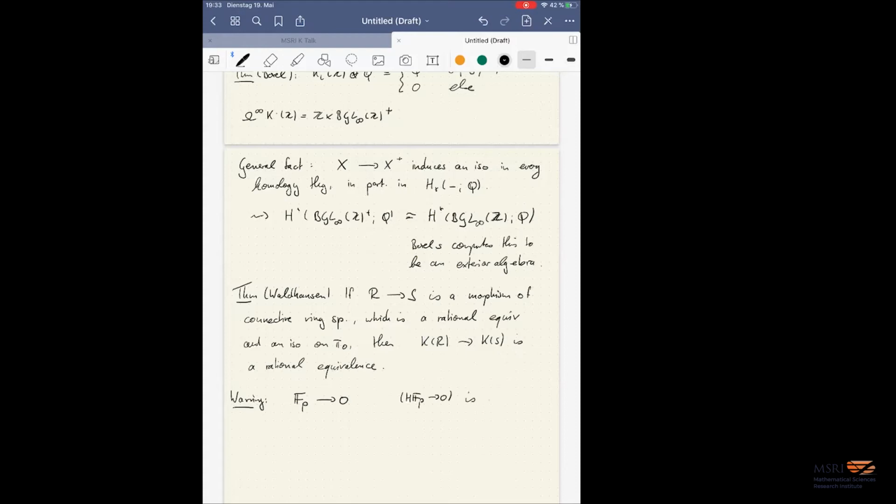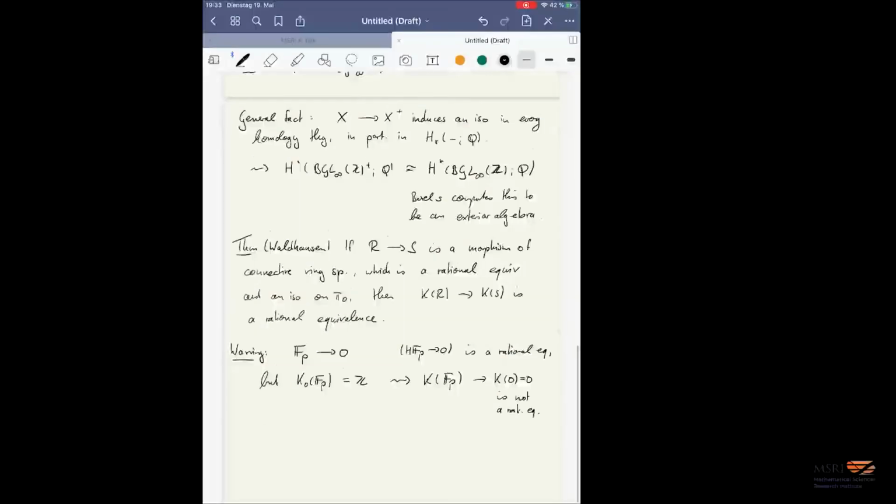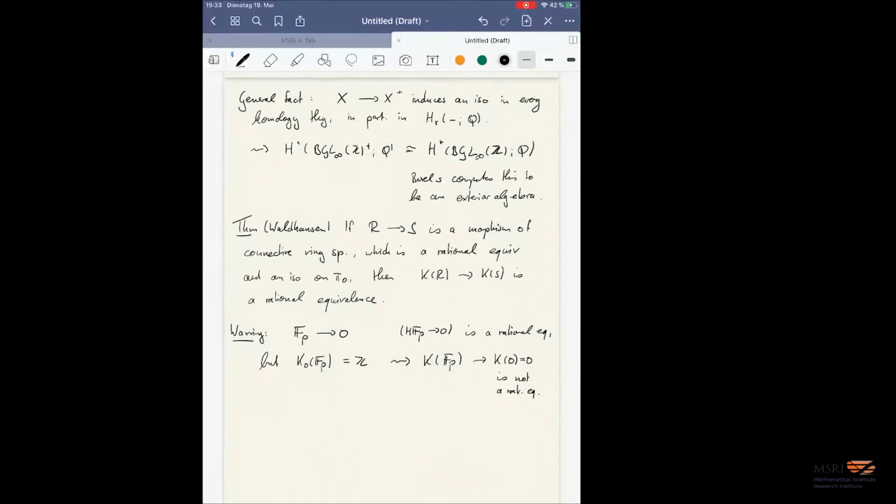It's a rational equivalence, but K0 of Fp is easy to compute, just the integers. So K of Fp to K of 0, which is 0, is not a rational equivalence. So we really need this isomorphism on pi 0, or at least something along these lines. It cannot be true in complete generality.